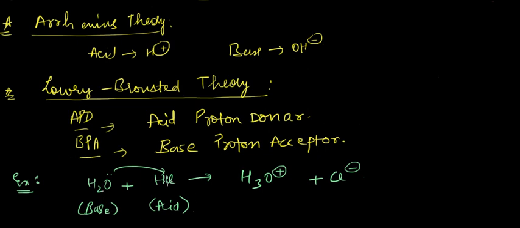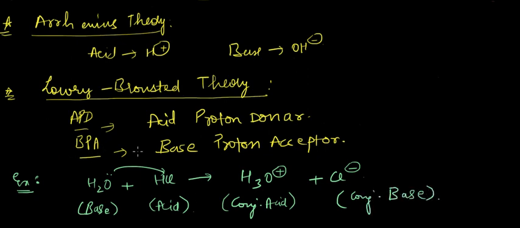So base accepts proton and acid donates proton. Okay, so in the formed compound, this would be named as conjugate acid, and this would be named as conjugate base. Why? Because if in some case reverse reaction also happens, then in the reverse reaction this would be proton donor and this would be proton acceptor, which on accepting proton will become this, and this on donating proton will become this, or base, right?